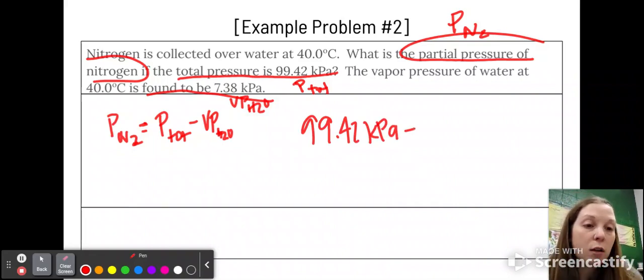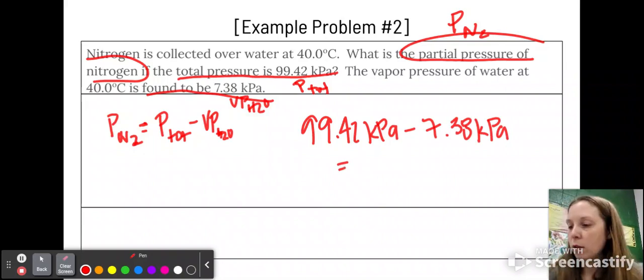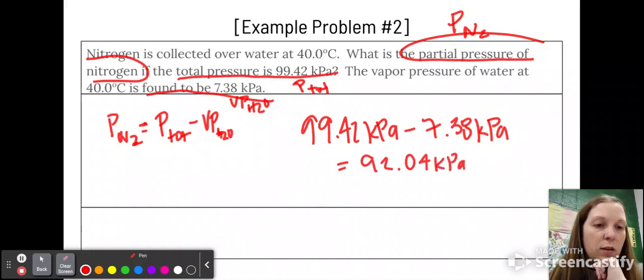If not, you need to convert them. 7.38 kPa. Just subtract those values, and you come out to 92.04 kPa is the partial pressure of nitrogen that was collected.